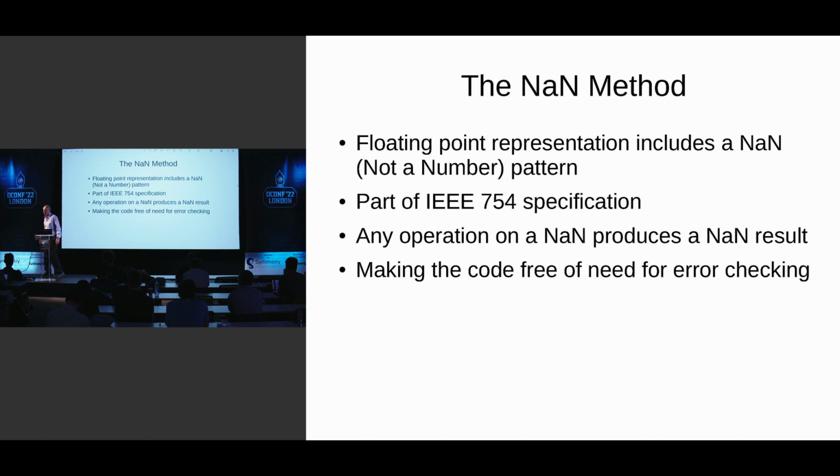And there are lots of floating point operations that are invalid. For example, divide by 0 is invalid. And the result of that, instead of throwing an exception or returning an error code or anything like that, is the return value is NaN, the NaN bit pattern.